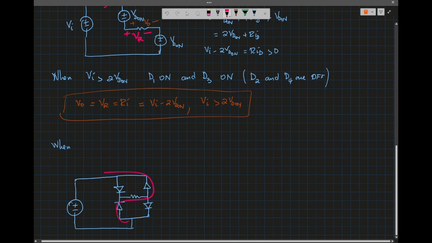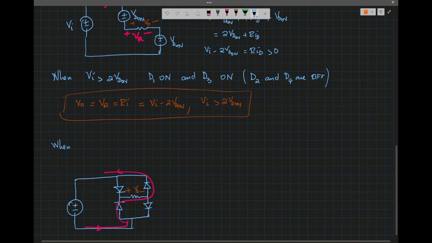All right, so the current flows that way. So we still have our V0 here.